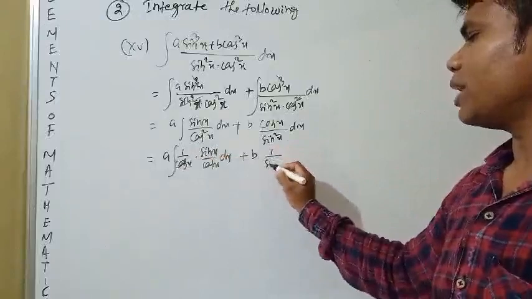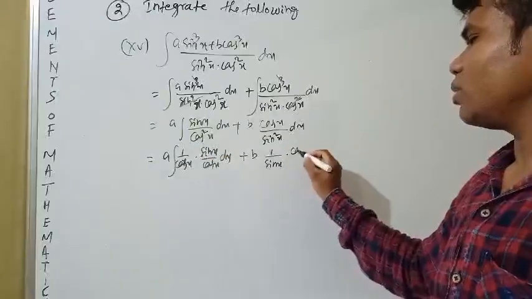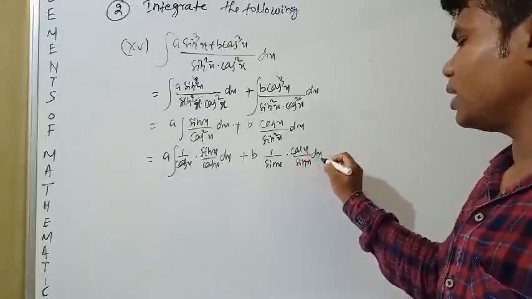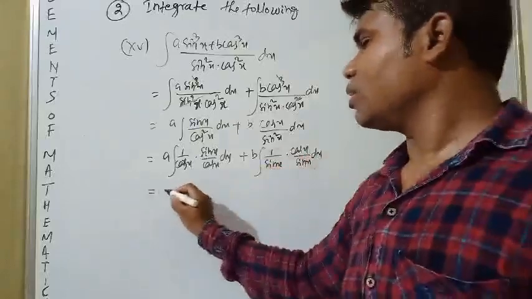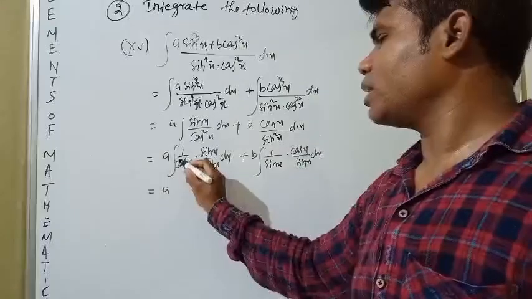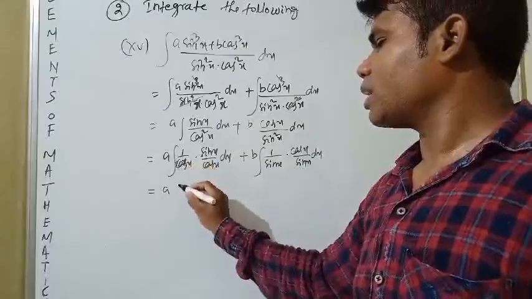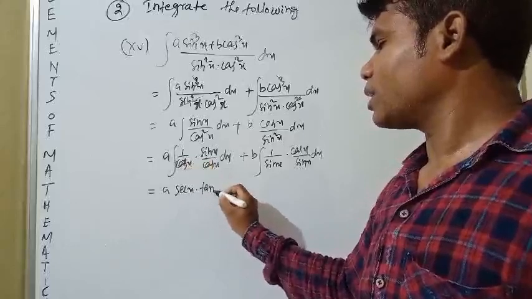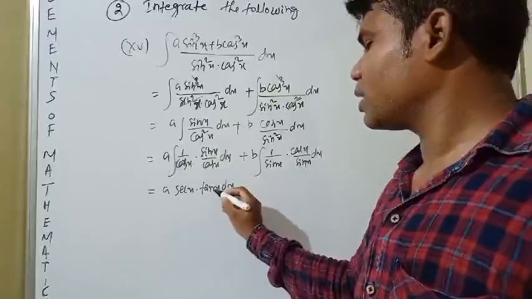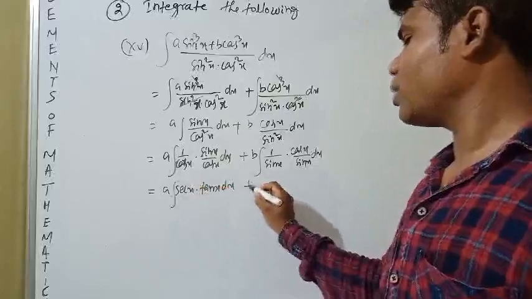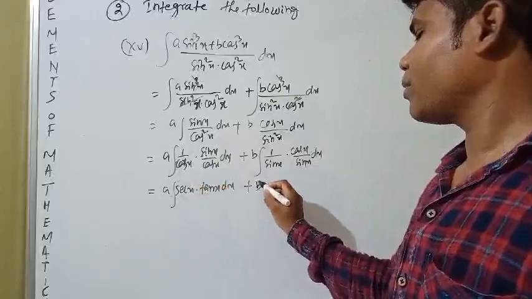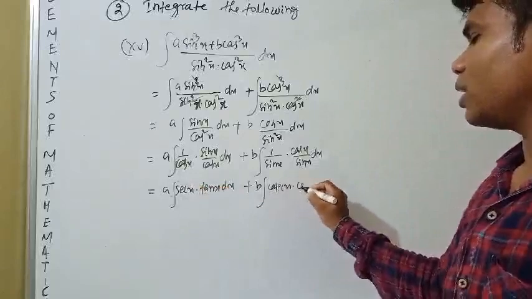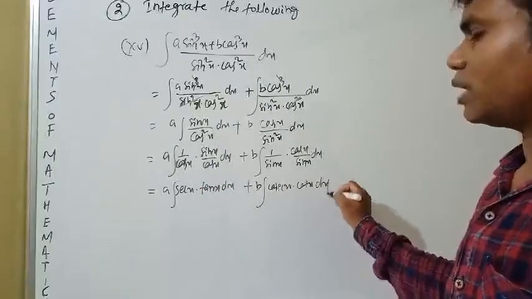This is 1 by sin x into cos x by sin x dx, which is equal to a times 1 by cos x, that is sec x, into tan x dx, plus b cosec x into cot x dx.